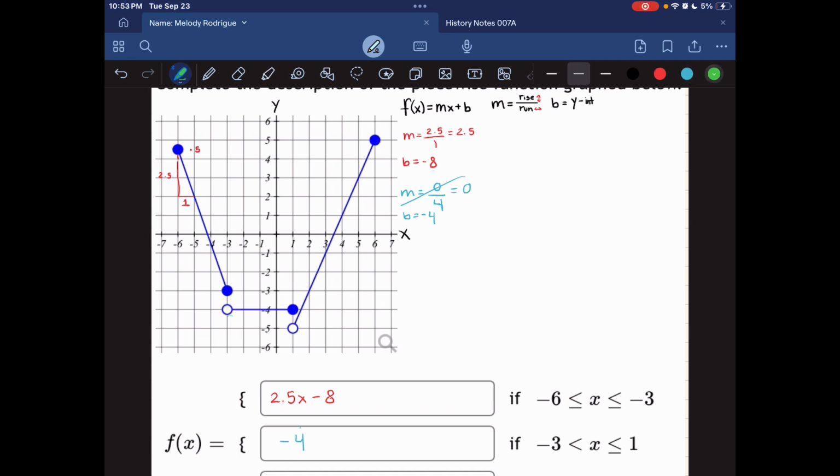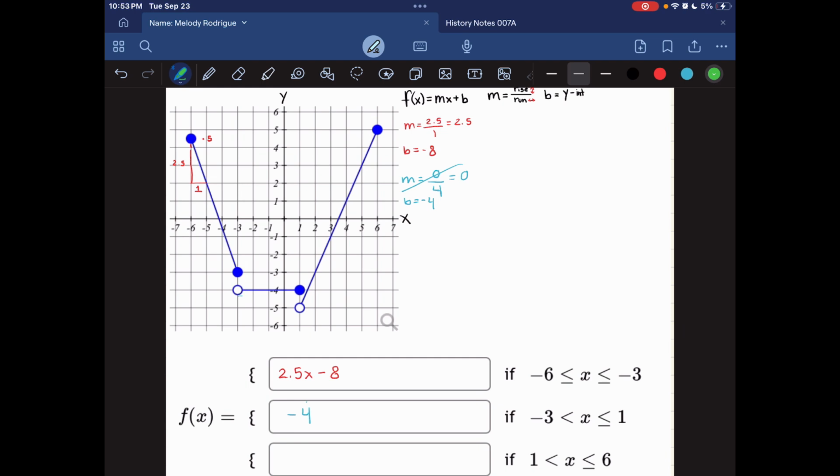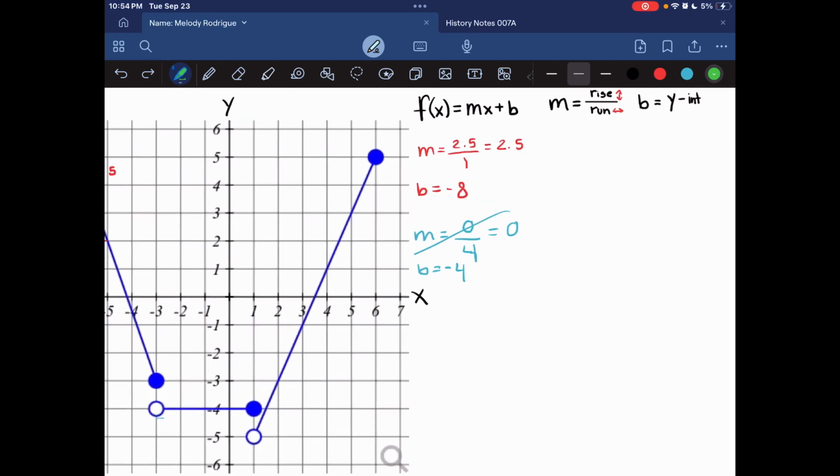And then for the third one, it's going to be this line. Okay, and we're going to just be doing the same thing that we did for the first equation. So you can see that this is going to be a run of negative 1.